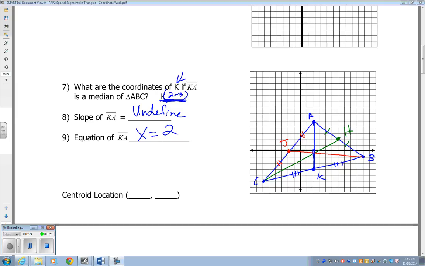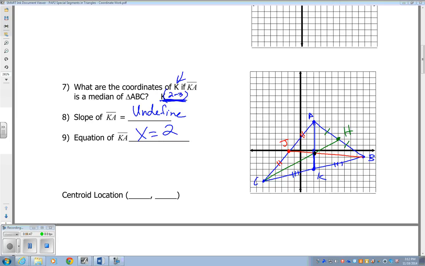Do you see where all 3 medians intersect? Is it an exact point on the graph? No. So we're going to use a formula to help me find that exact point. Now, the centroid is the one that has a formula, but the other two you have to use systems of equations, and we'll talk about that later.